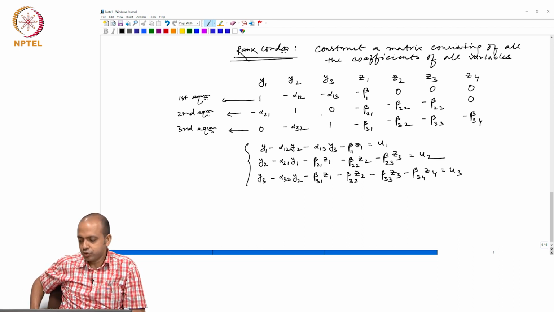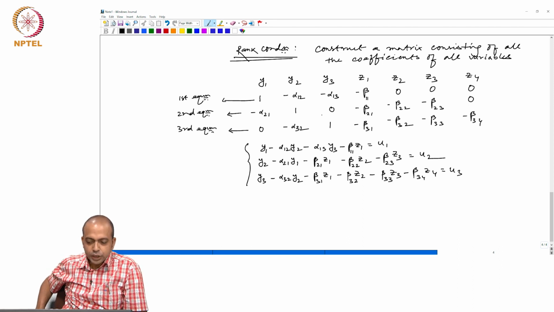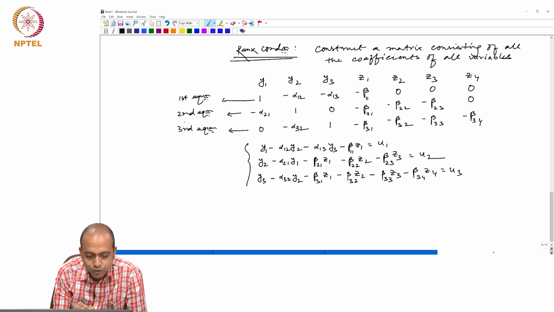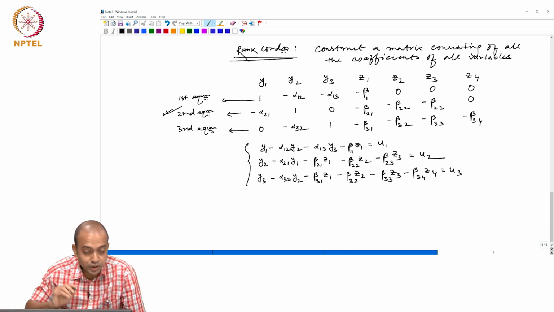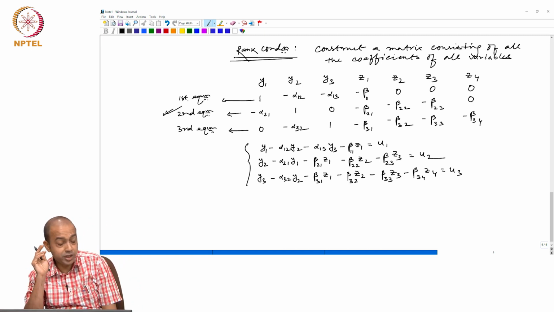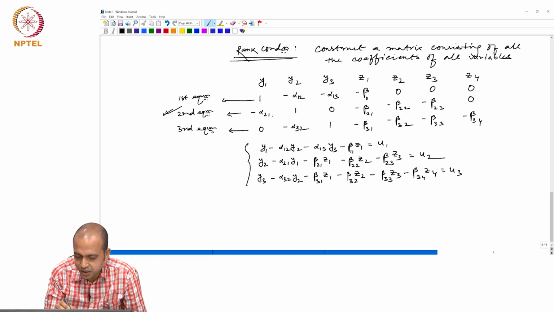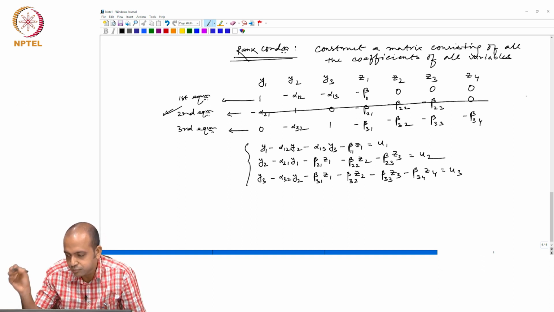Okay, to construct this matrix. Now, what will we do for the rank condition? Let us say I am considering the second equation, to check whether the second equation is identified by the rank condition or not. If you are considering the second equation, then you just cross out the second equation row like this.